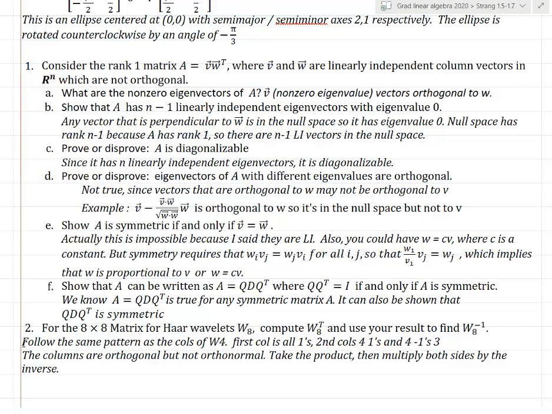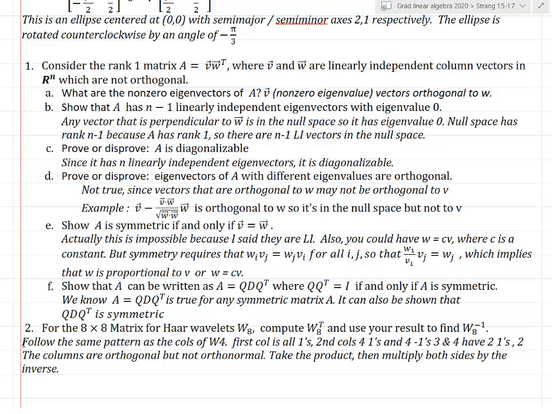So the third and fourth columns both have 2 ones, 2 minus ones, and 4 zeros, but the second one is kind of shifted. So they have different patterns. The third column has 1 1 minus 1 minus 1 0 0 0 0. The fourth column has 0 0 0 0 1 1 minus 1 minus 1.